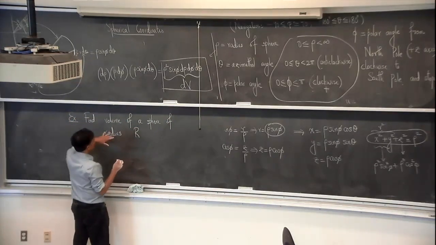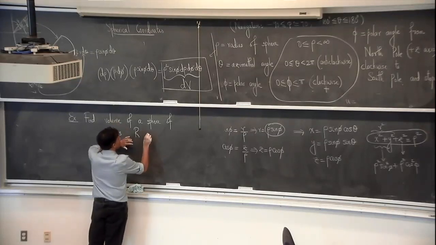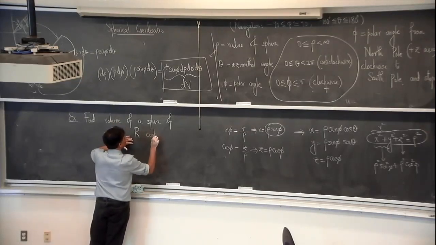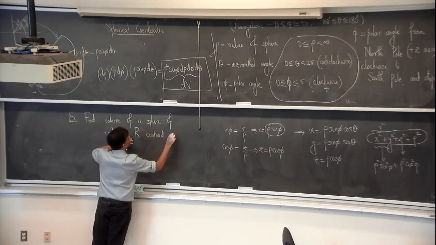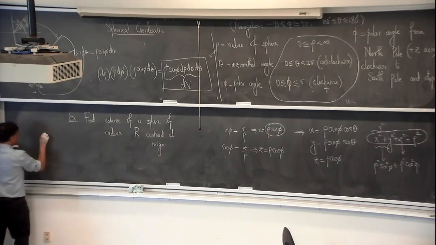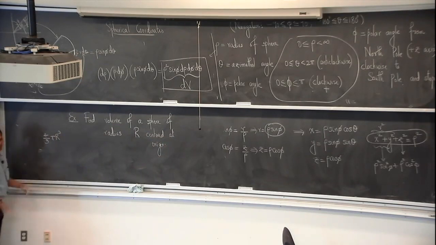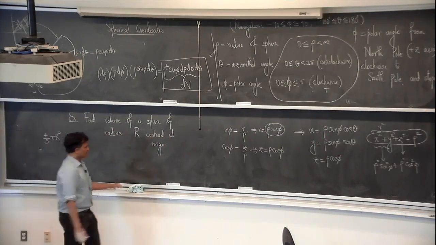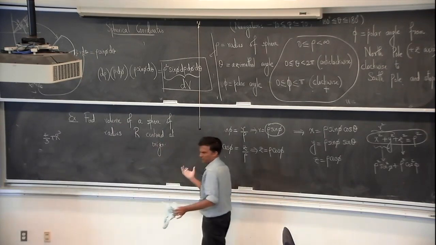So find the volume of a sphere of radius r centered at the origin. I heard some of you say the answer is 4/3 pi r cubed. But then you were just forced to believe that is true. There's no reason why there's a 4/3 for a sphere. I mean, why?